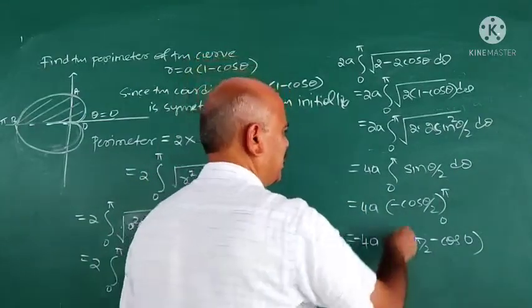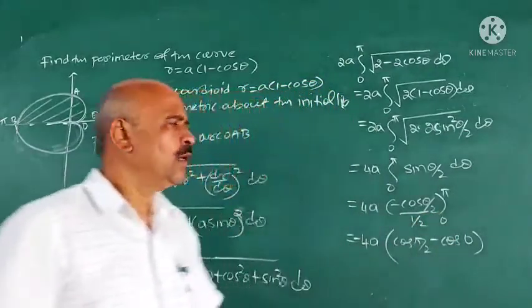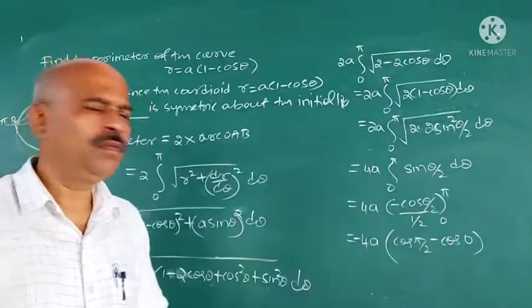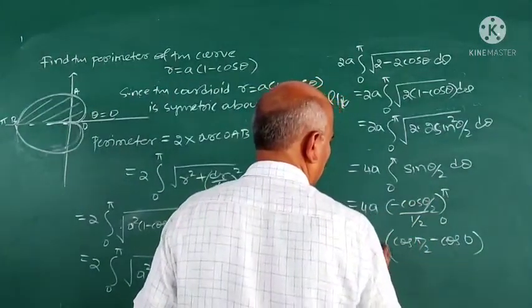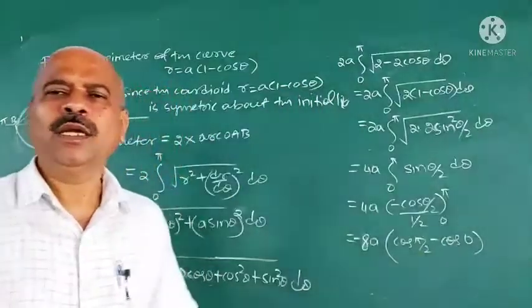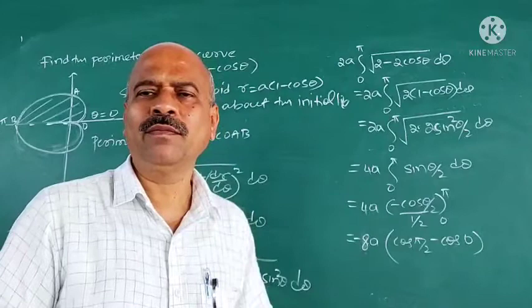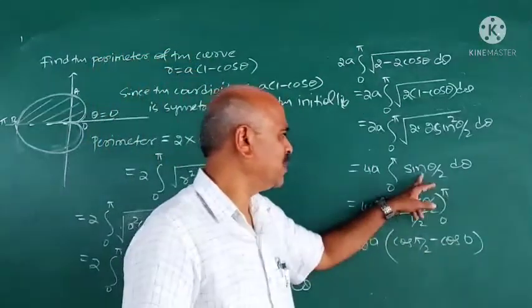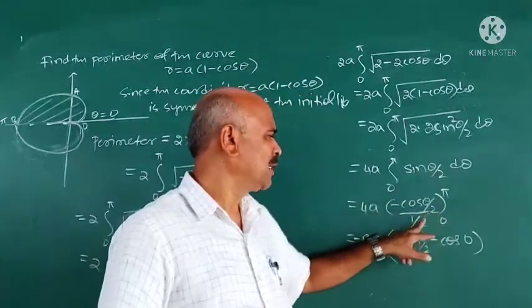Oh, integration. See, I had gone wrong here. Sorry. What is the integration of sin θ/2? Minus cos θ/2 divided by half. So it is minus 8a into this. See, one small mistake, how much difference it makes. Sin θ/2 is of the form sin ax, and the integration is minus cos ax upon a.